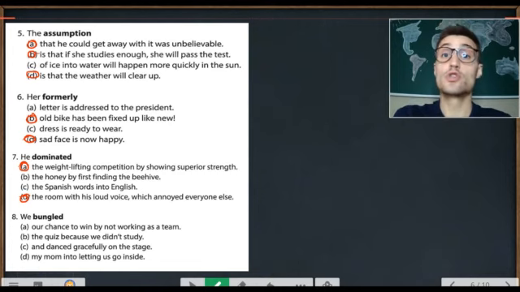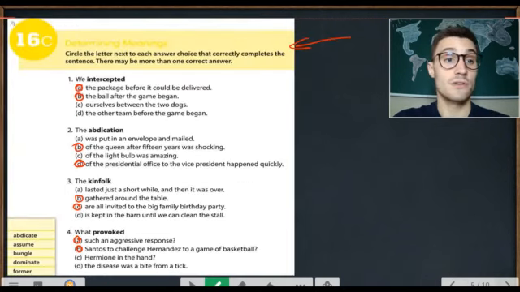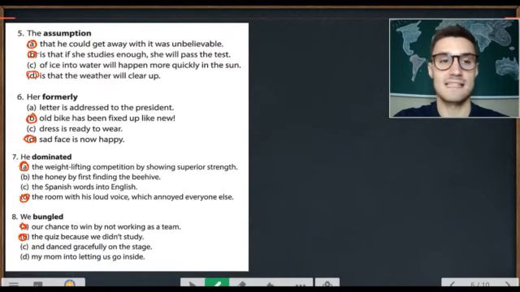So I can see two that are correct. We bungled A, our chance to win by not working as a team. We bungled B, the quiz because we didn't study. Now these are the correct answers for activity 16C.